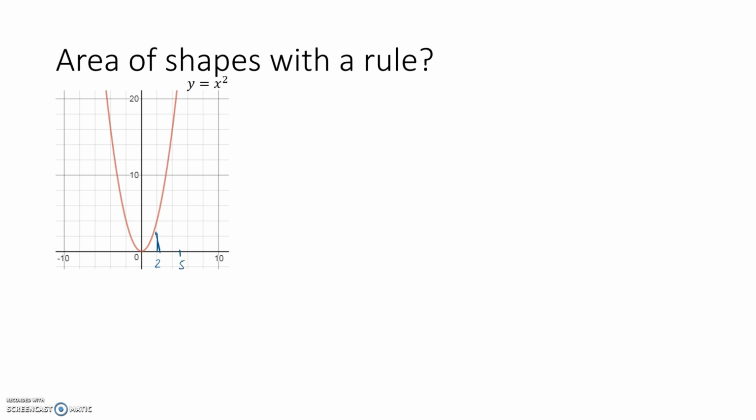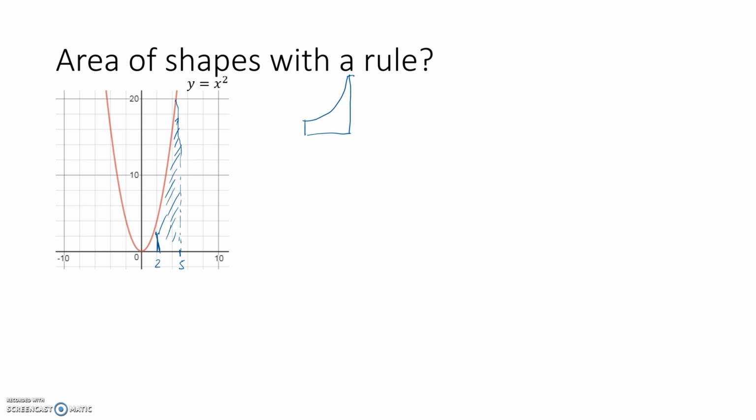So we're trying to find the area underneath the curve in there. So we've got a funny shape, almost at the top there, like that. Now, there's no formula that gives us the area of that shape.